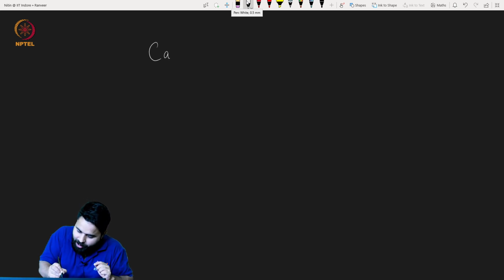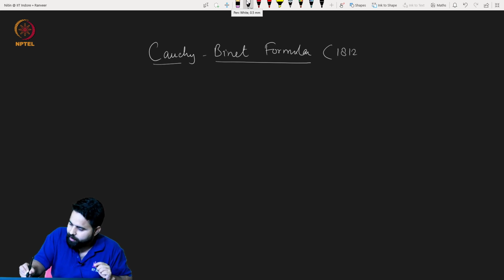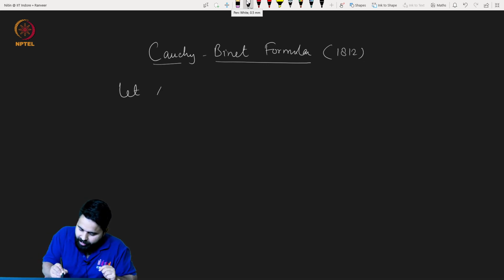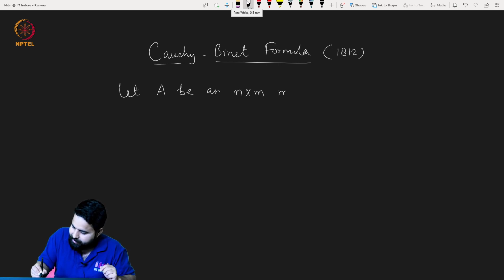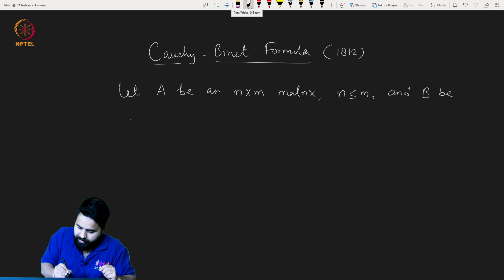So this we also call the Cauchy-Binet formula. Let me write it first. I think this was given in 1812. It says: let A be an n cross m matrix, and assume that n is less than or equal to m, and let B be an m cross n matrix.